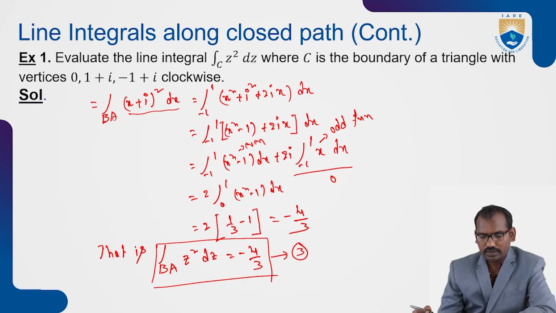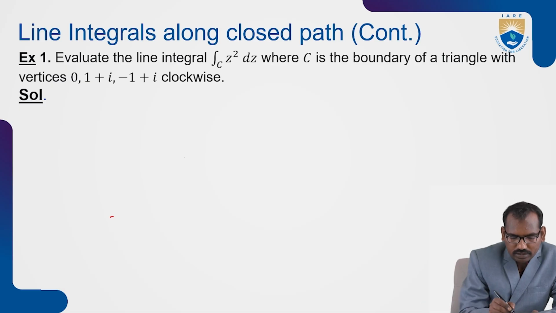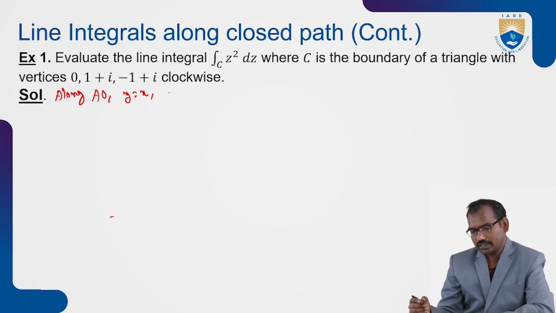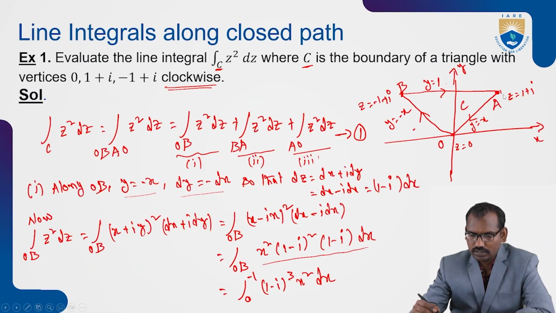Now we will evaluate along AO. What is y? y is x only. Next, you can see here, along AO, y is x only.